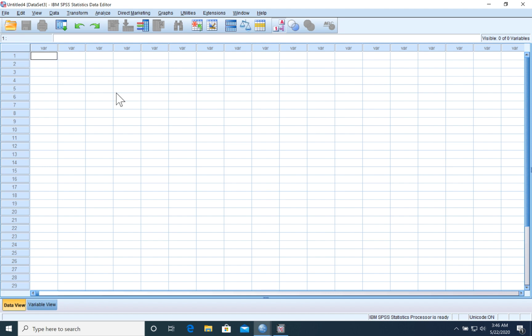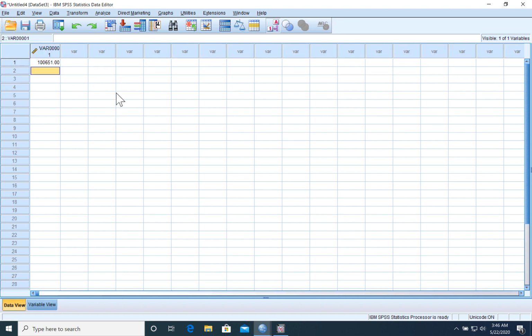The first salary was 100,651. Now you can go by rows or by columns. Let me do it by columns. So I'm just entering the salaries one by one.